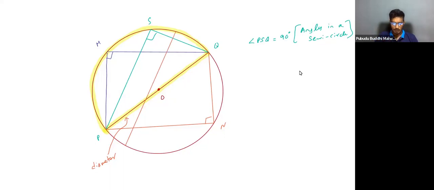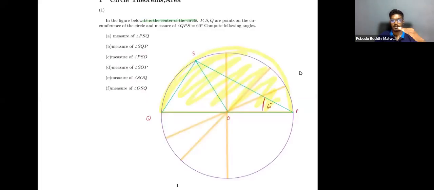Okay. Now, let's apply this idea to our problem. Angles in a semicircle. We found our semicircle, that is PSQ.